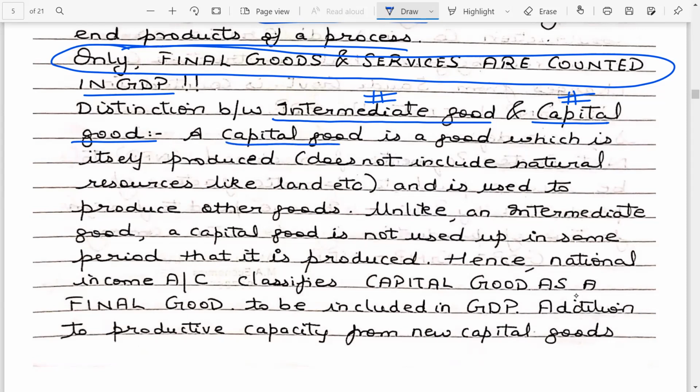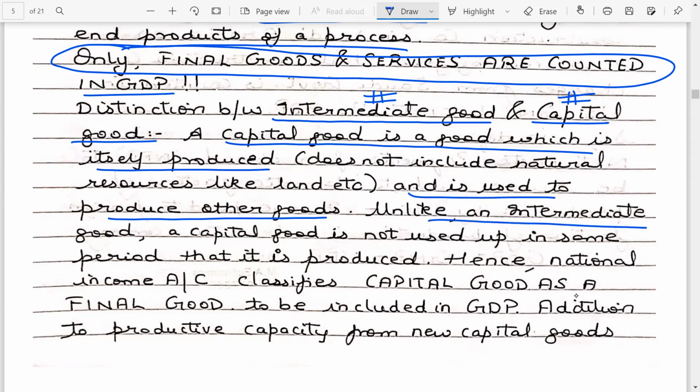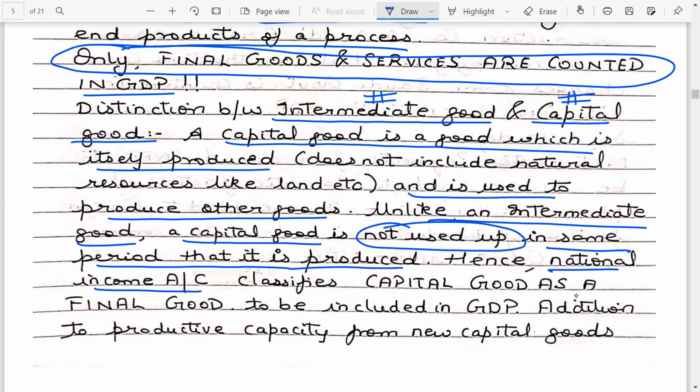So a capital good is a good which is itself produced and is used to produce other goods. Unlike an intermediate good, a capital good is not used up in the same period that it is produced. Hence, national income accounting classifies a capital good as a final good to be included in the GDP.